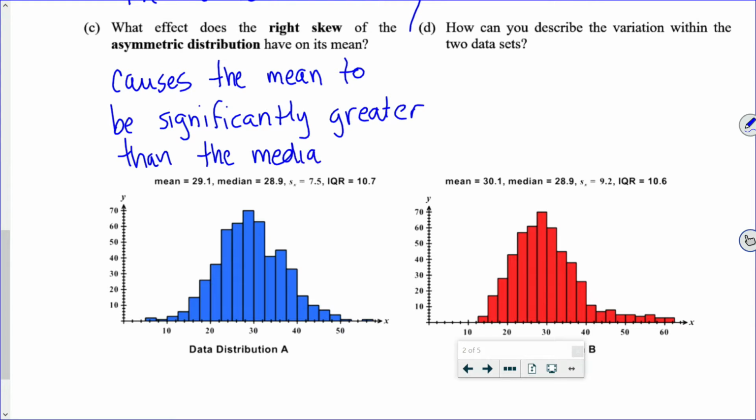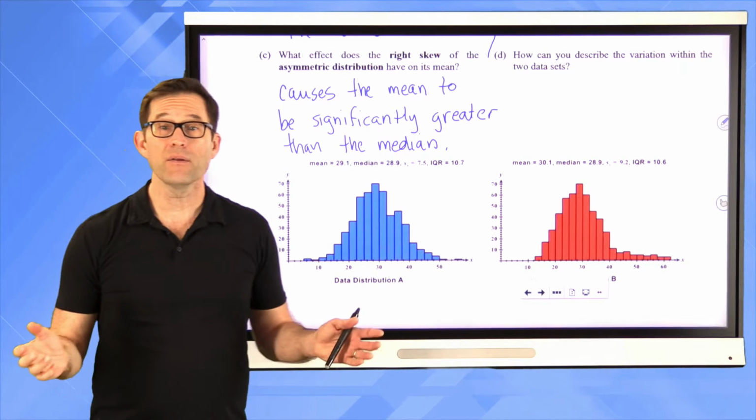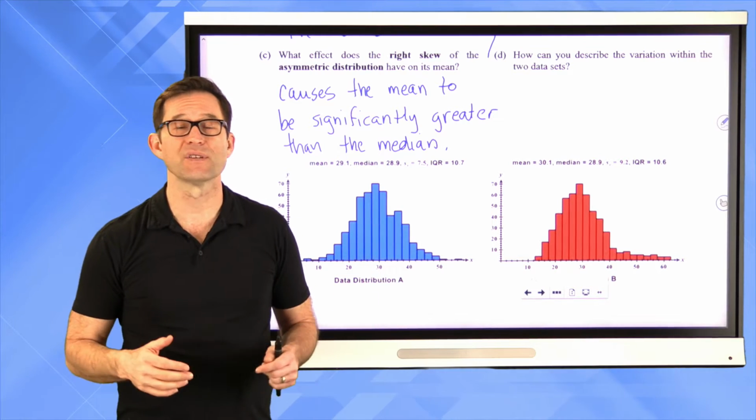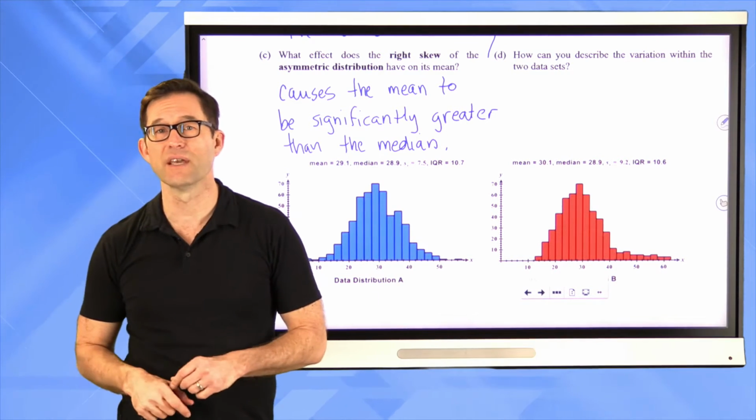Now again, you might say significantly greater, it's only 1.2 units greater, but that could make a huge difference in terms of our analysis and the way that we're thinking about central tendency and things like that.